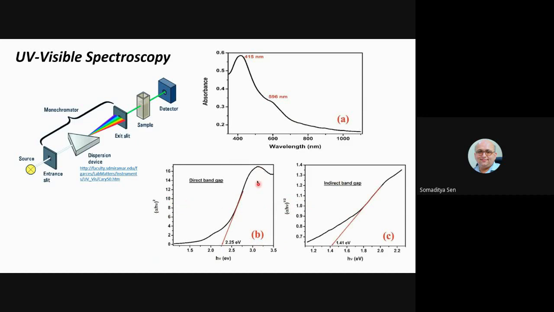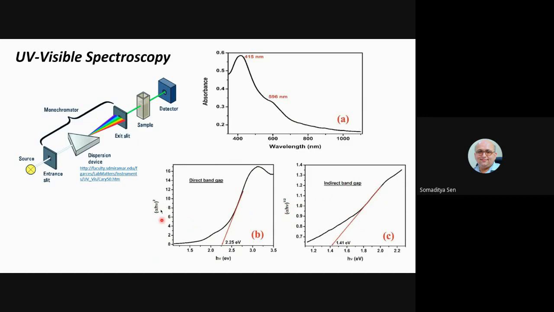But from this we can find the band gap by extrapolating the slope of this edge where it comes down to the y equal to 0 line, and we get the band gap from here. Similarly, in case of indirect band gap, we have alpha h nu, where alpha is the absorption coefficient and h nu is the energy.